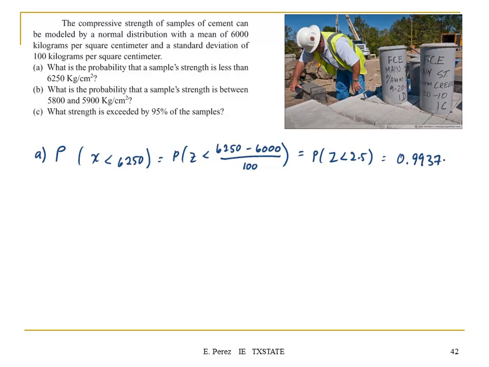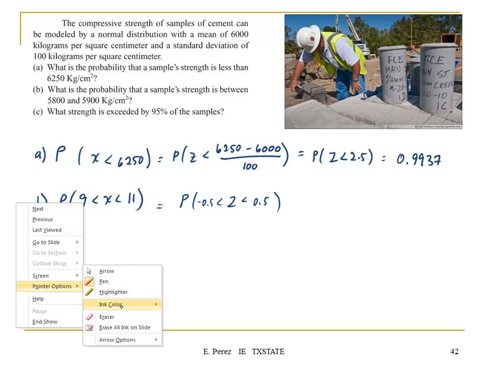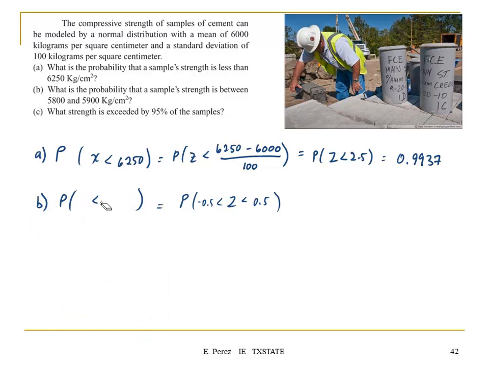Second part, this is a little bit more complicated, but it's similar to what we did in the previous problem. So if you get the values of Z, what would be those values? Oops, sorry, I was looking at the wrong problem.